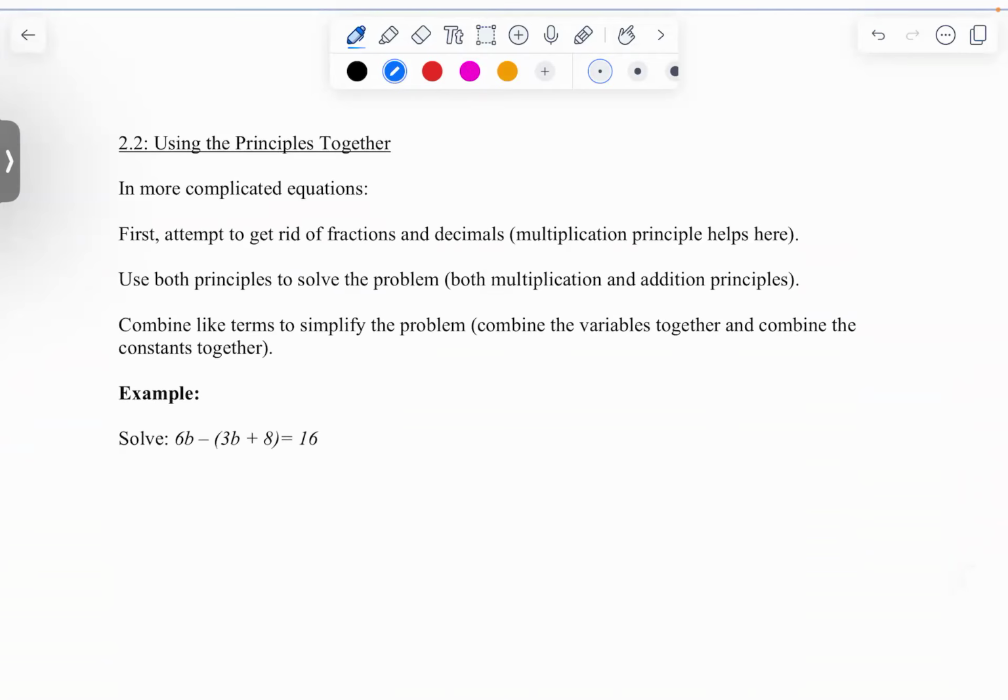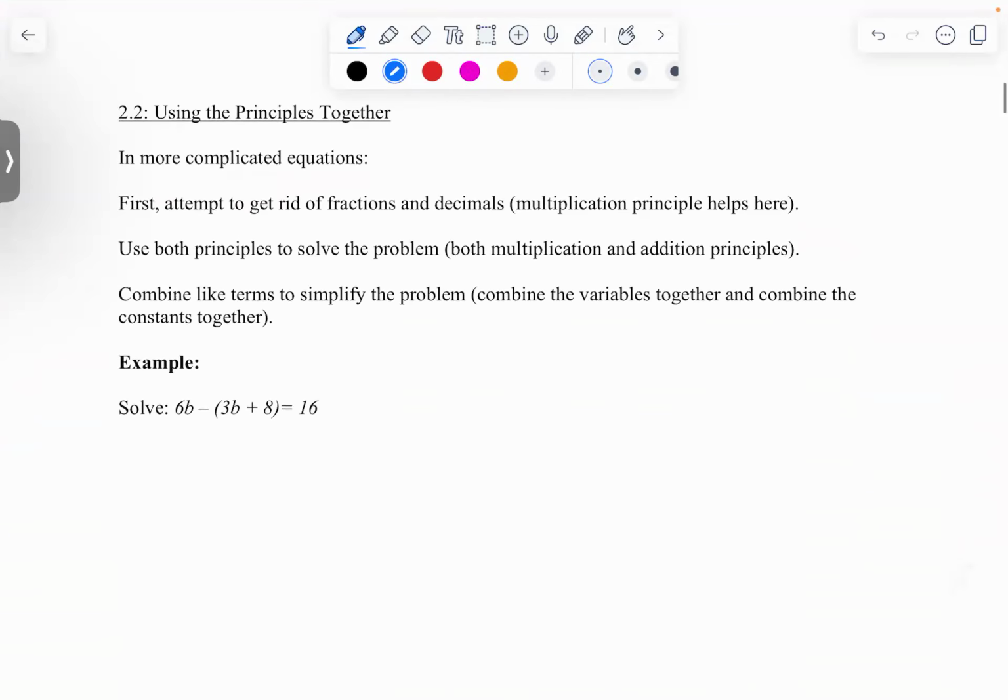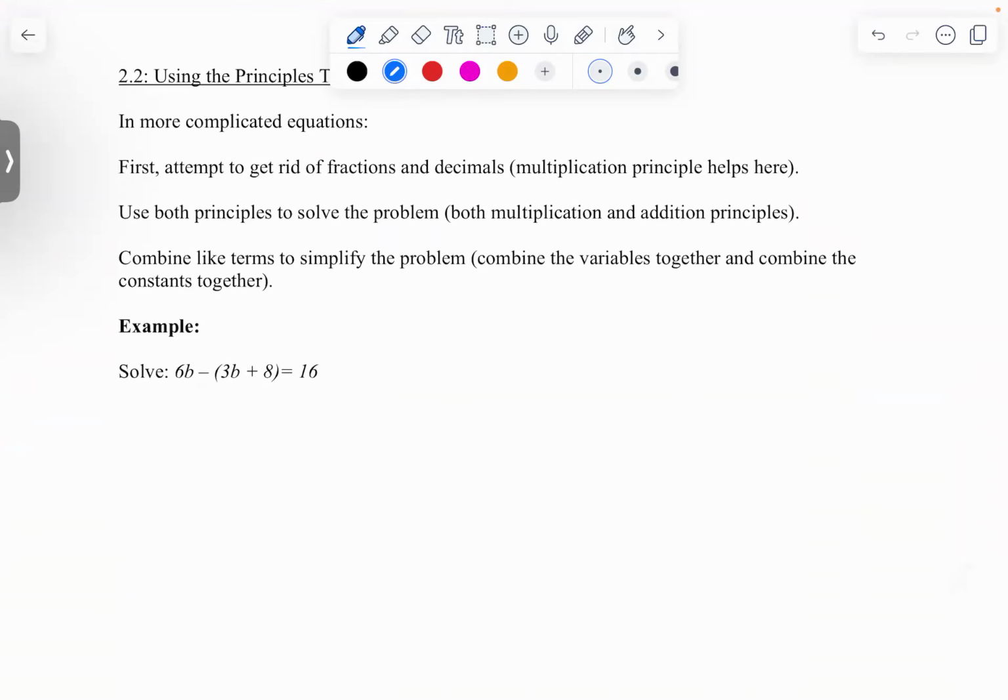What's way more fun, though, is using lots of principles together. The first one that we are going to see is the rainbow, which is bringing this negative into the parentheses.